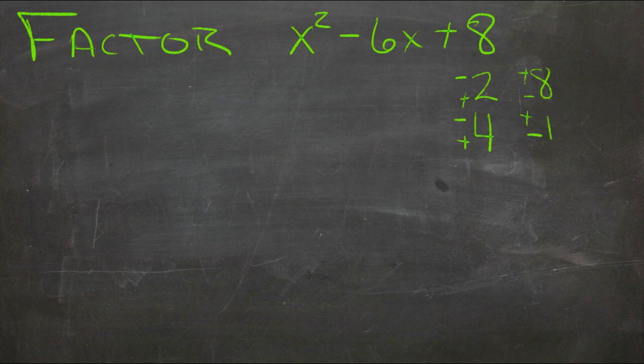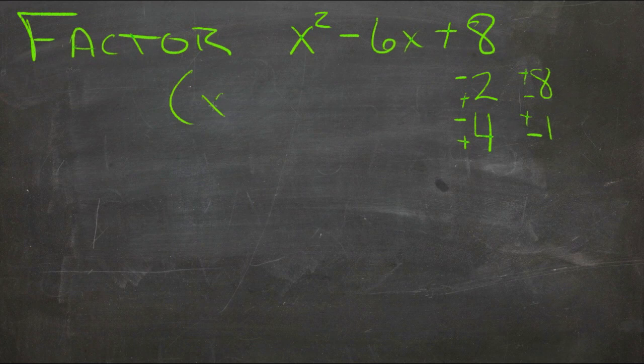So as we're looking for numbers that multiply to be positive 8 and add to be negative 6, we can see here that negative 2 and negative 4 are probably our correct terms. Negative 4 times negative 2 is positive 8, but those two add up to be negative 6.